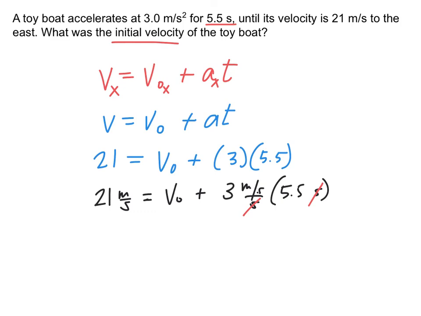Again, I would love to see you be able to do this just on your calculator. We take 21 and subtract the result of 3 times 5.5. So 21 minus 3 times 5.5 comes out to be 4.5 meters per second as our answer.